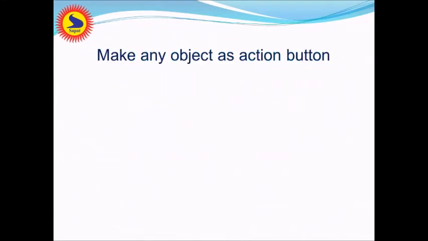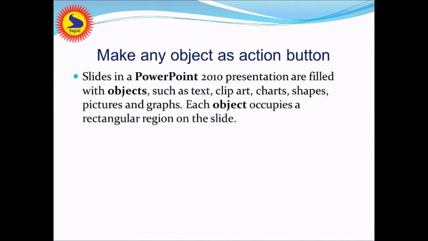Next, we are going to learn how to make any object as action button. But first of all, let's just try to understand what is an object in our presentations. So, slides in PowerPoint 2010 presentation are filled with objects such as text, clip art, charts, shapes, pictures, and graphs.